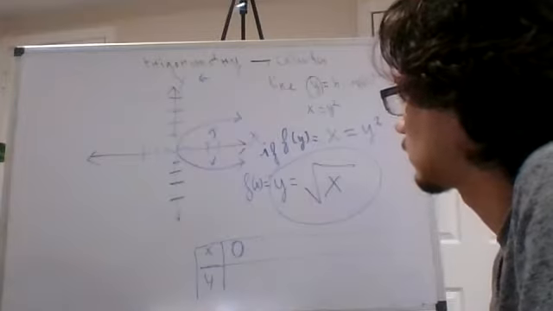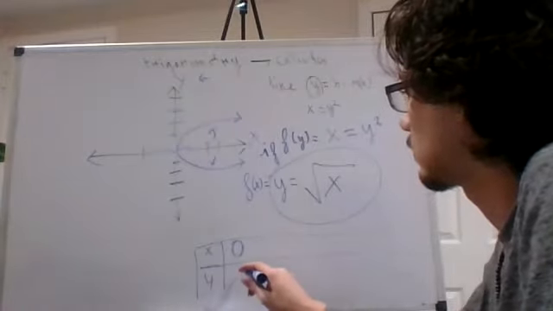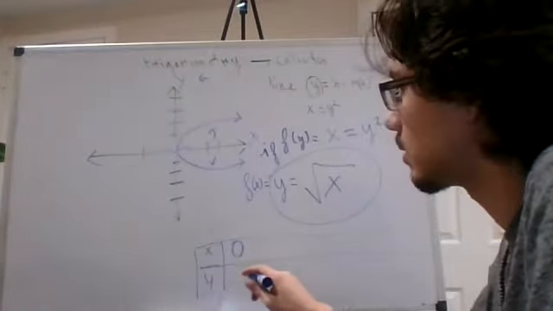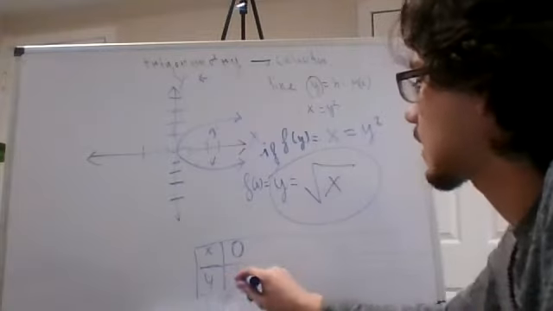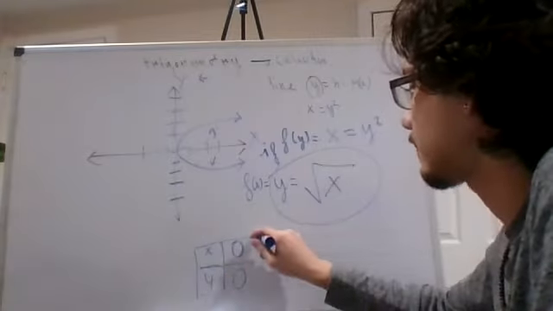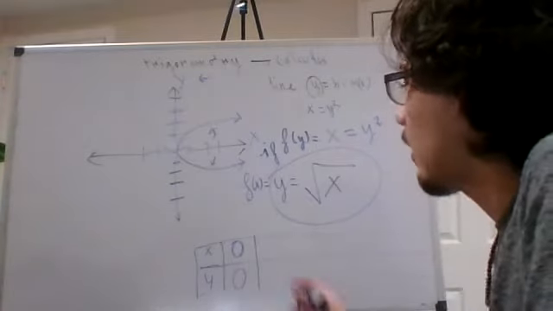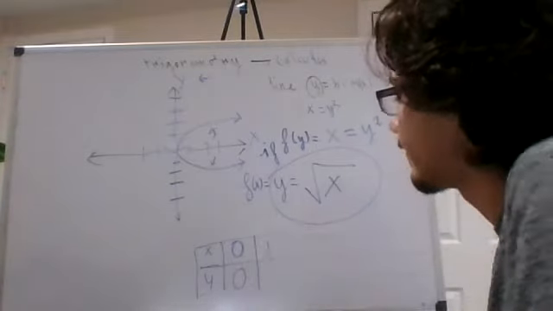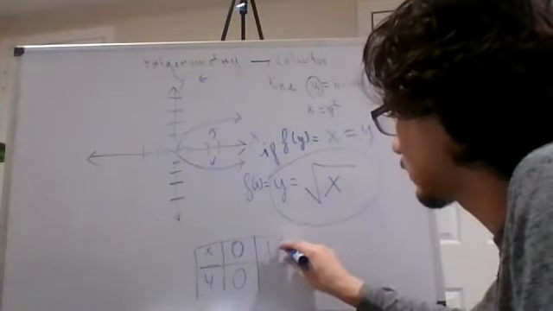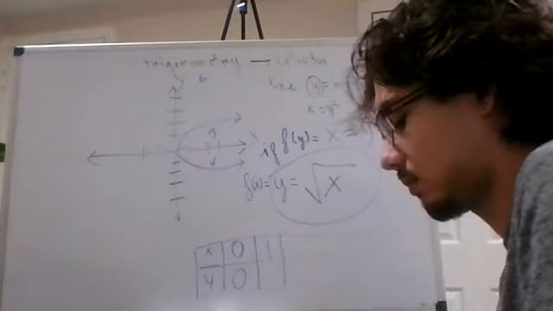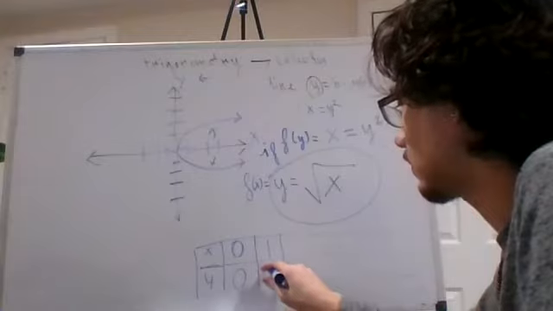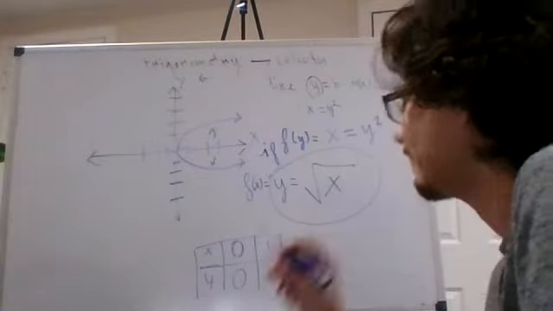It says that y is squared. So it will be 0. Yes. Okay. How about at x equals 1? It will be 1. Okay.